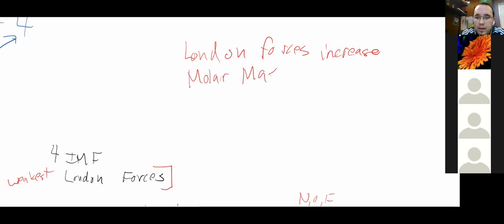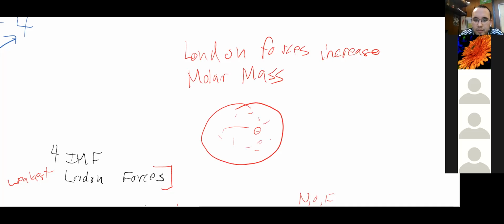And why is that? Why are London forces tied in with our molar mass? Gives them more electrons. More electrons, right? So there's kind of two things that are happening. Remember that London forces happen because our electrons are moving around, so they can move all over the place. As those electrons move around, on this other side it causes kind of a ripple effect.